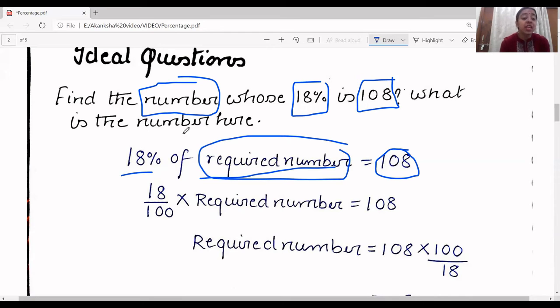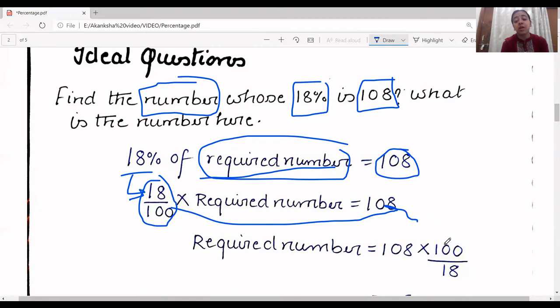How will I do that? How can you represent 18%? You can represent 18% as 18 upon 100. So 18 upon 100 into the required number is equal to 108. Now if we take this value to the other side, it'll go upside down.